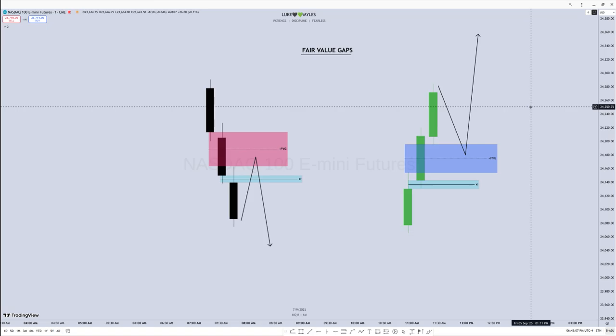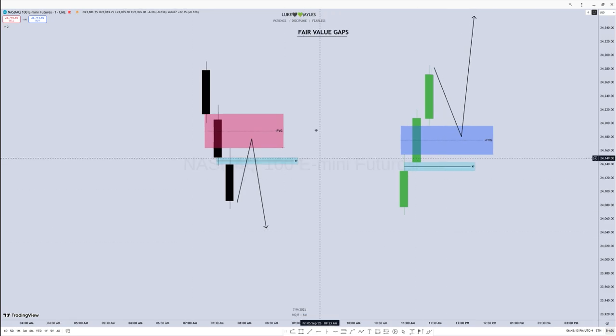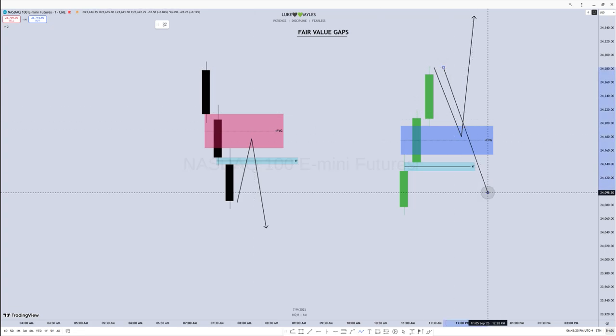Now in areas where we have the market disrespecting the original way these fair value gaps have to work, what happens when the market does not respect this and drops lower, continuing without respecting the fair value gap? That gives us an inversion fair value gap.